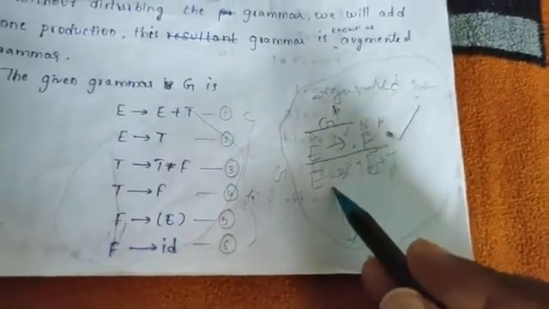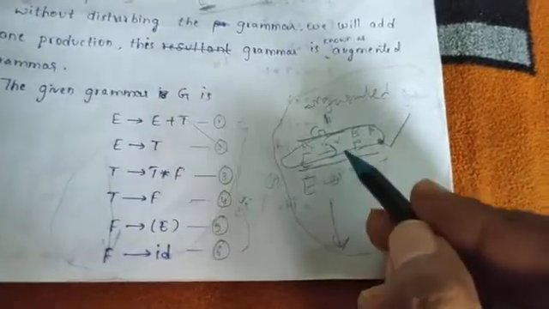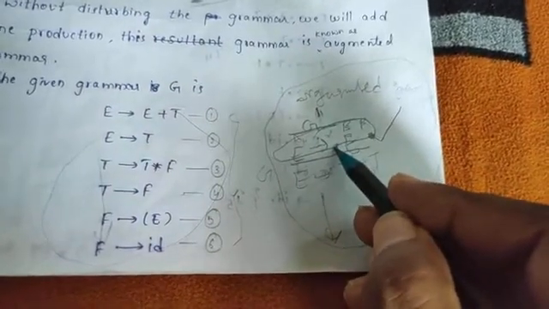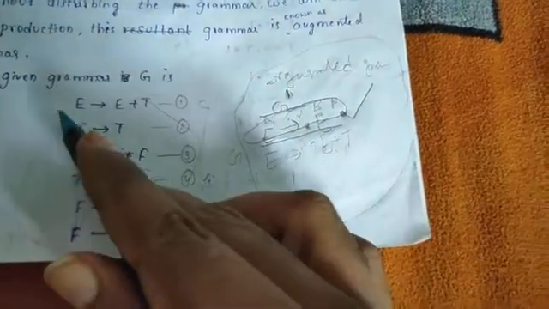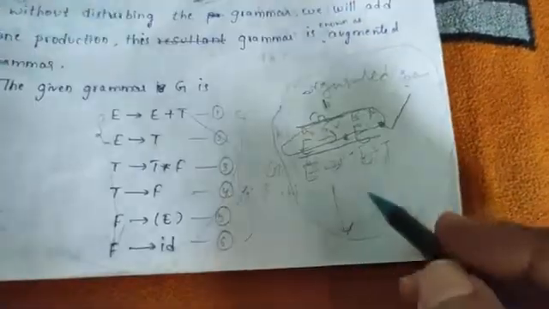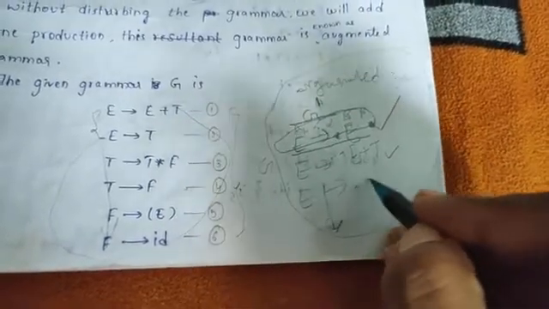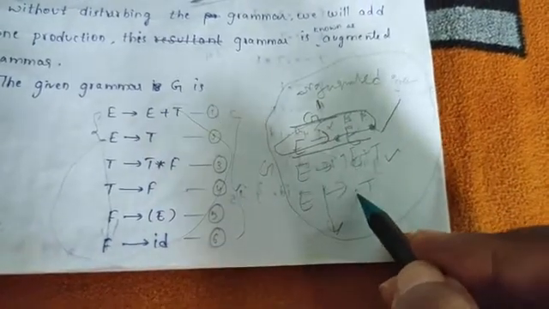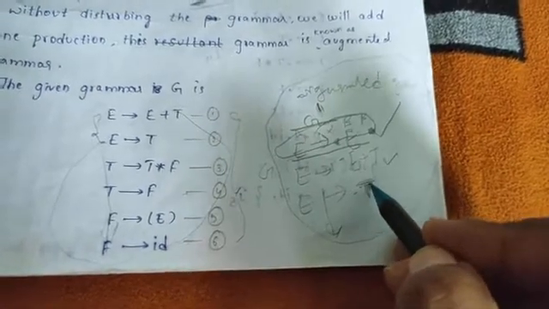So for that reason, here we are taking this augmented grammar line, then E is there. When you check the elements of E, these two belong to E. For that reason, you need to place these two elements, E tends to dot T. Then the dot will be before a non-terminal again.